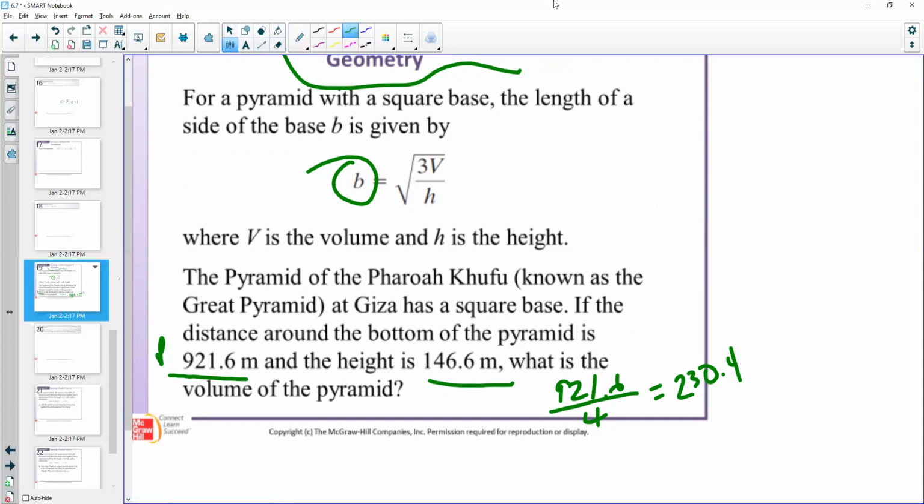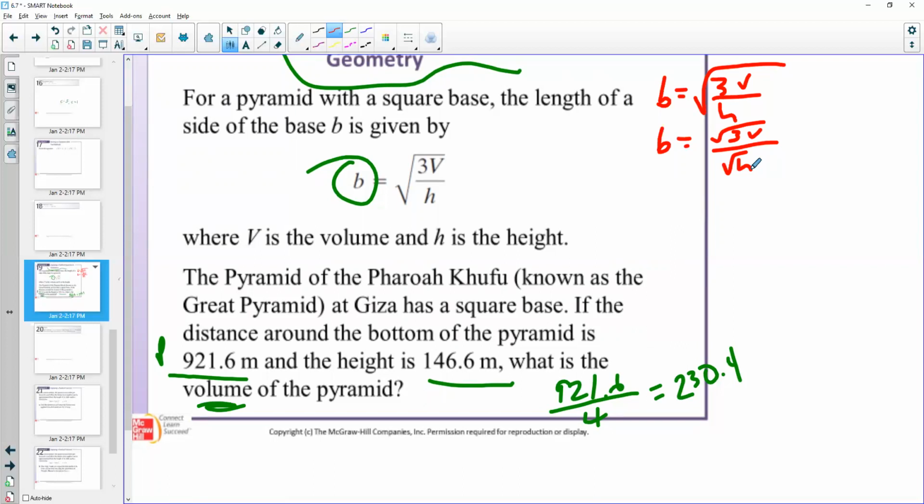I want to find volume, right? So I have this formula, B equals square root of 3V over H, but I really want V alone. I can reorganize this. That's the lovely thing about formulas. Square root of 3V on the top, square root of H on the bottom, right?